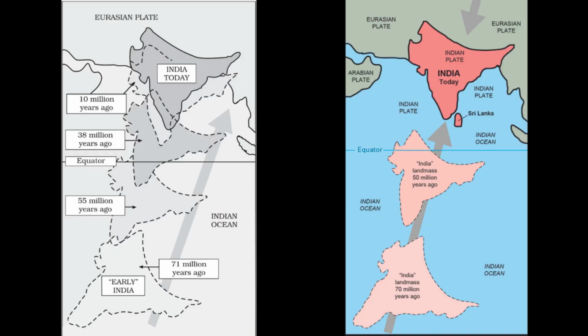That was 5 centimeters per year. Then about 70 to 80 million years ago, the Indian landmass picked up speed and began to race northward at the speed of around 15 centimeters per year. According to some researchers, the speed was around 20 centimeters per year.